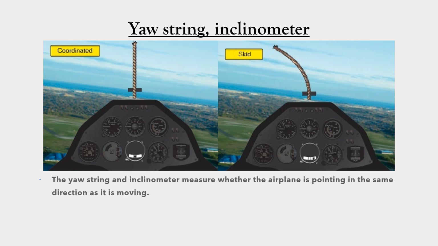The same information is available from the inclinometer, which is this ball in a little bit of an angled pattern here, so that when you're coordinated, the ball will sit right in the middle. If you're not coordinated, the ball will go off to the right or the left of the inclinometer.